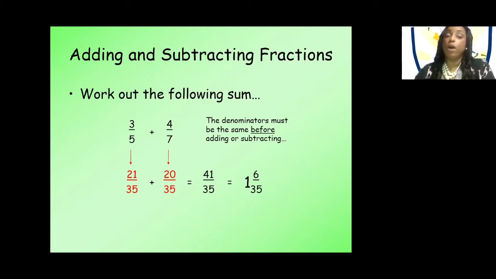So you have 35 into 41, going 1 time, remainder 6, and you again keep that denominator, okay? So you have a mixed fraction being 1 and 6 over 35. And remember, the whole number is how many groups of that denominator you got from that numerator, okay?